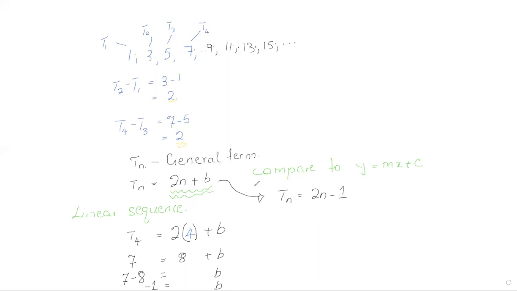Now, if you want to check as to whether the general term is correct, we can say 1, 2, 3, 4, 5. The fifth term will be 2 times 5 minus 1. 2 times 5 is 10. 10 minus 1 is a 9.